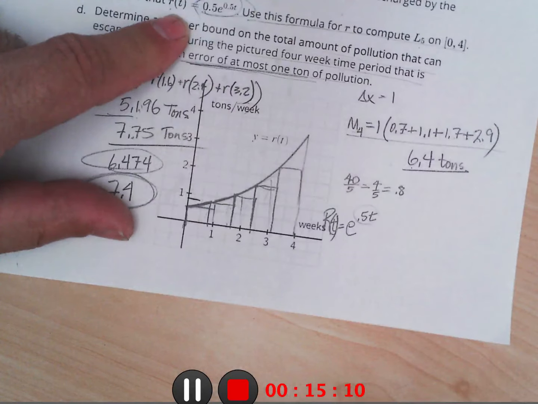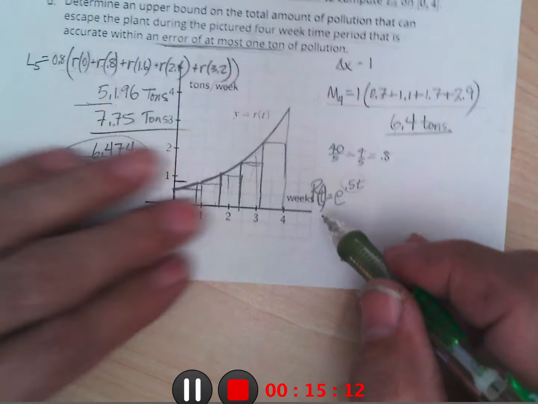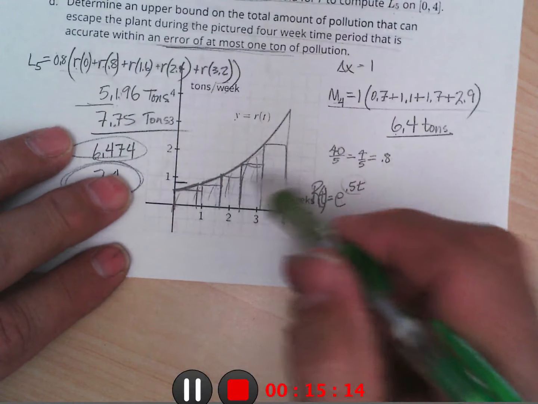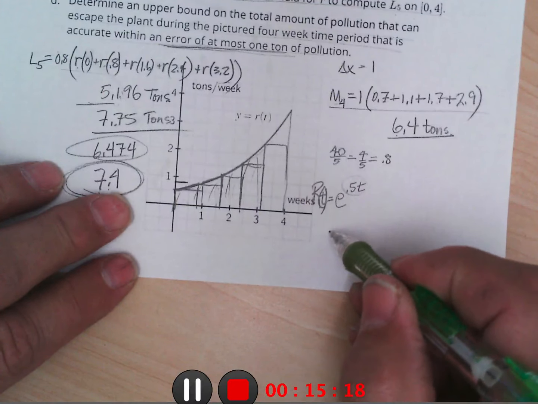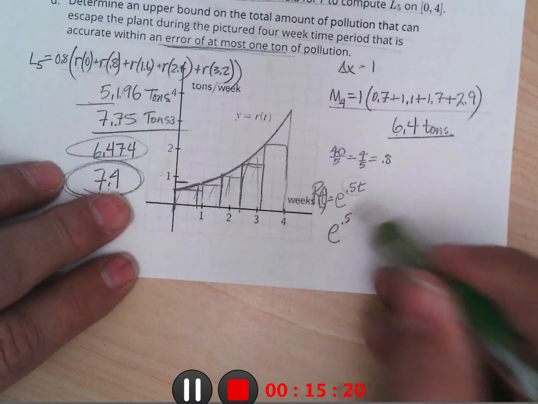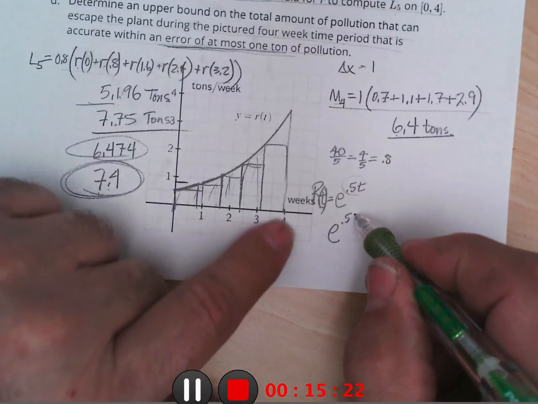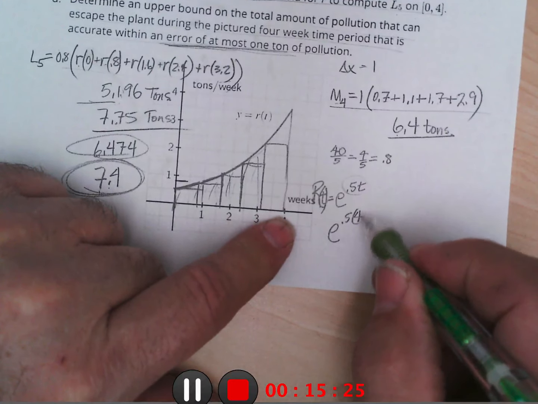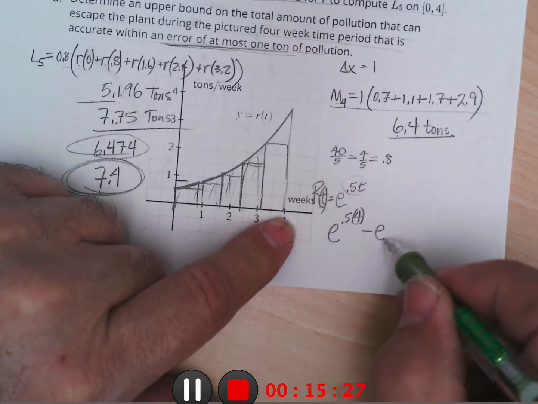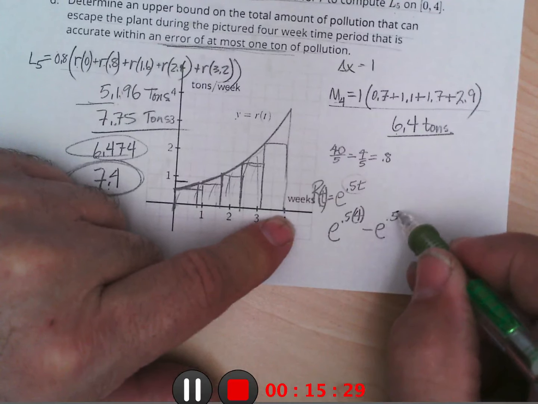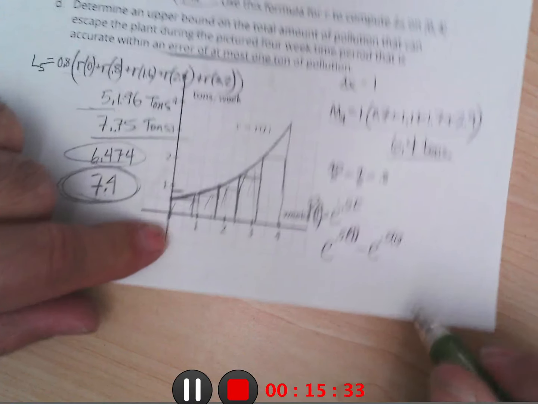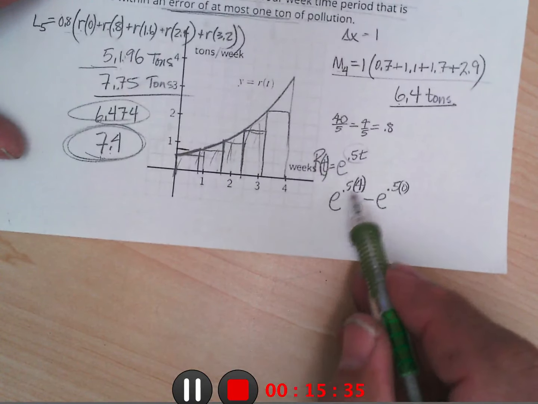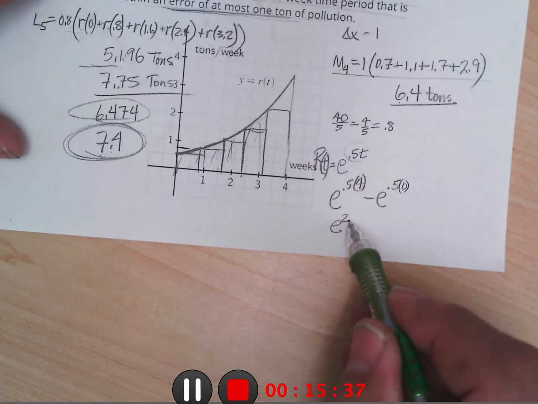And if we want to find the actual area under this curve, if this is a good representation, would be e to the 0.5 times the end 4 minus e to the 0.5 times the beginning, which was 0.